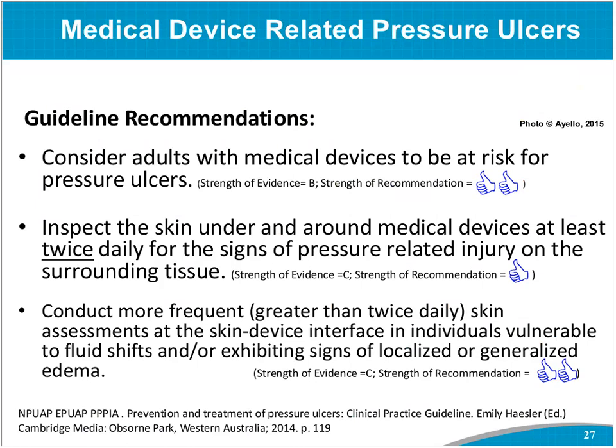And those who picked 3 times a day, good for you, because greater than twice daily if there are individual conditions such as fluid shifts or edema. So those of you who are doing it twice and 3 times a day, you are spot on with the NPUAP guidelines. And for those of you who picked daily, you might want to consider changing your policies and procedures in your institutions to be in line with the 2014 guidelines.